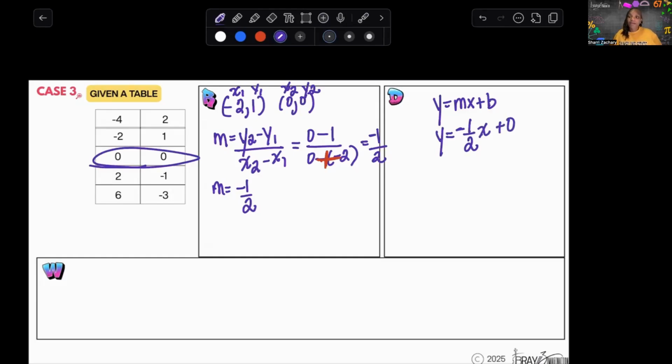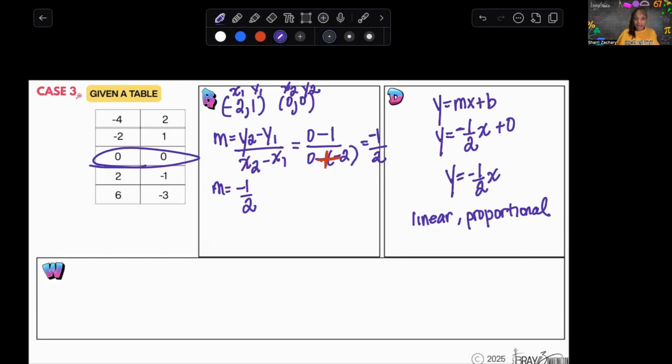So it's already done. The equation of this line is y equals -1/2 x. We know that this is a linear proportional. Why is it proportional? Because it passes through the origin at 0, 0.